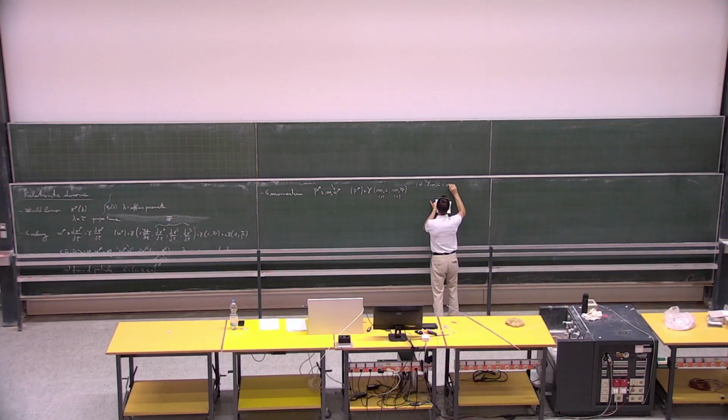We have m0 c times (1 minus beta squared) to the minus 1/2. And now I can use a Taylor expansion, because let's take a non-relativistic particle for simplicity, and beta is very small with respect to 1. I can Taylor expand this expression.